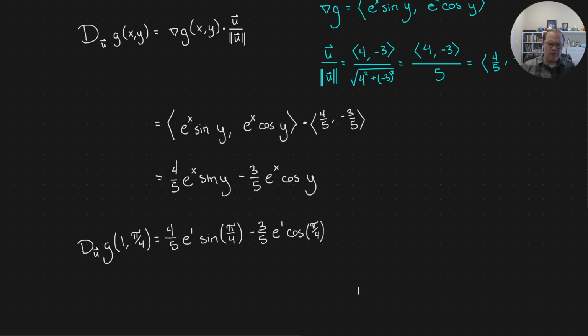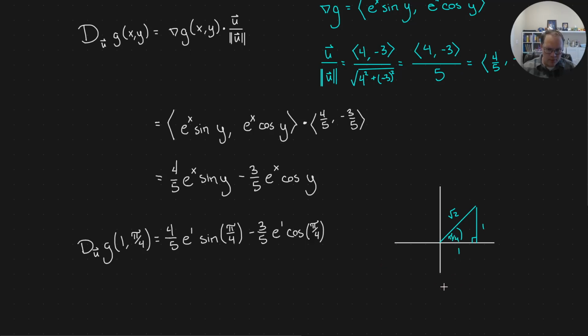Now, sine and cosine of pi over 4, there's a good chance you remember what those are, but if you don't, just draw a triangle. Pi over 4 is 45 degrees, so I'm going to get a 45, 45, 90 triangle in the first quadrant. Ratios of the sides of a 45, 45, 90 triangle are 1, 1, root 2.